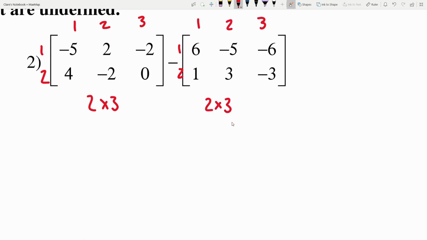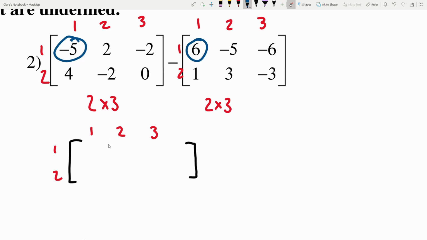So we can indeed subtract, and our result is going to be that same size, 2 by 3. We're going to take row 1, column 1, and subtract row 1, column 1 of our other matrix. So it'll be negative 5 minus 6, and then row 1, column 2, minus row 1, column 2 is going to be 2 minus a negative 5, which is 2 plus 5.